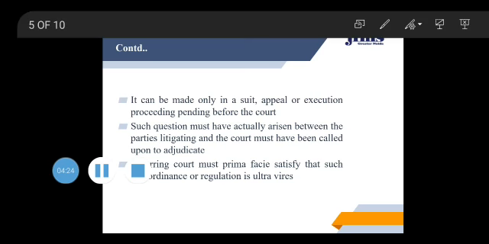The referring court must prima facie be satisfied that such ordinance or regulation is ultra vires. Before making an application for reference, the referring court must be satisfied that such act or regulation is ultra vires, but it has not been declared ultra vires by any higher authority, that is the Supreme Court or High Court.